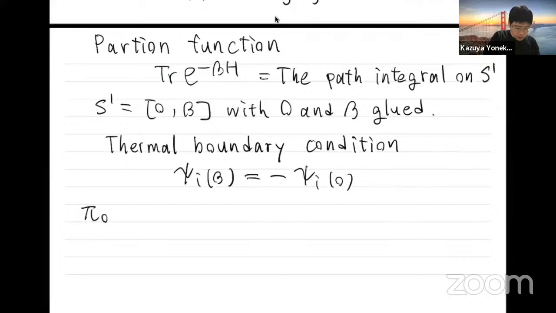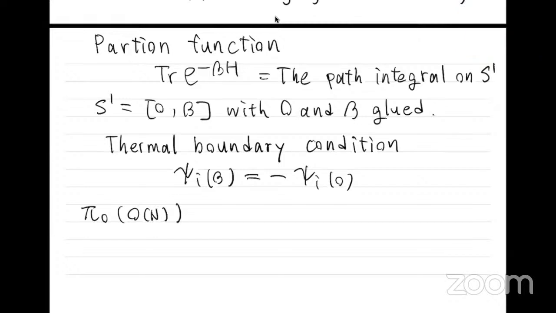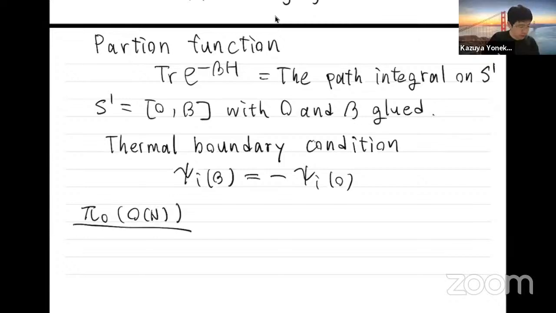First, let me discuss the anomaly which is related to pi 0 of O(N). So let's take some element of O(N) with determinant -1.